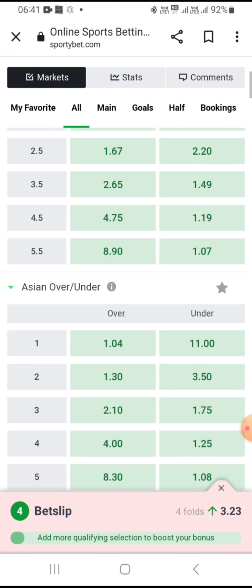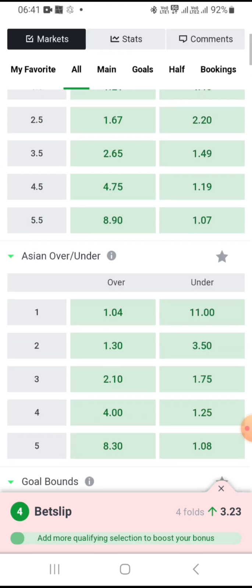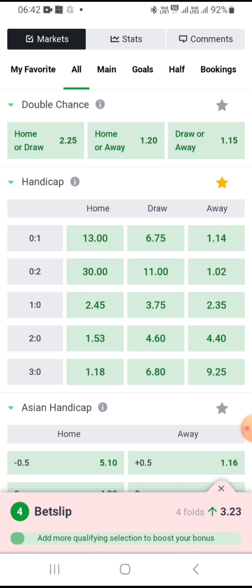Now, with handicap, you are looking at a stronger team. If you feel that Tottenham is stronger than Leicester City, you have options like 0-1, 0-2, 0-3, or 1-0, 2-0, 3-0.